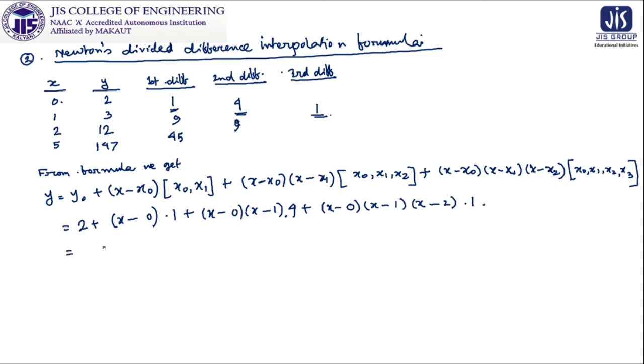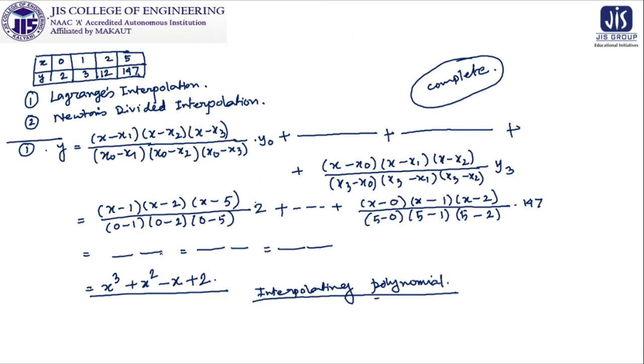So simplifying this, we will get the interpolating polynomial as x cubed plus x square minus x plus 2, and beautifully you can recognize that this is nothing but the same interpolating polynomial that we got using Lagrange's interpolation formula.